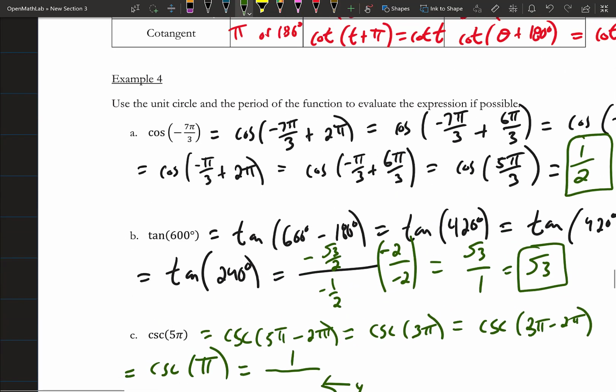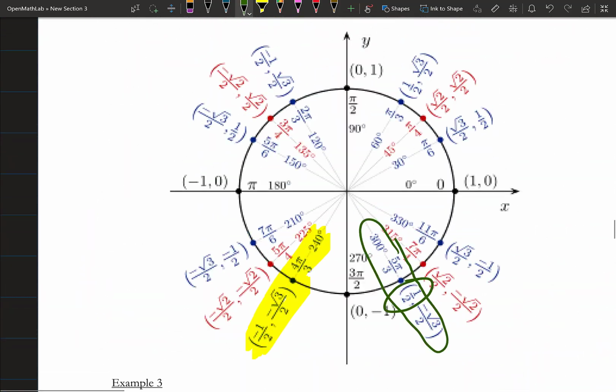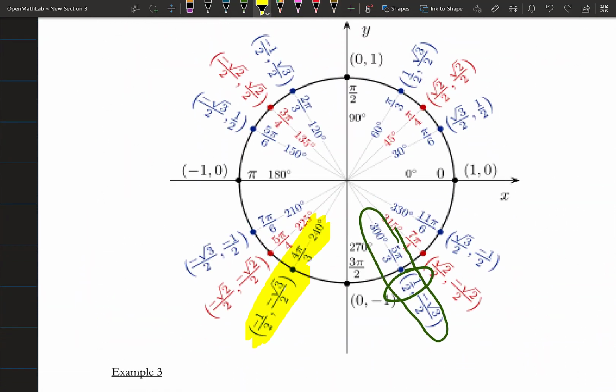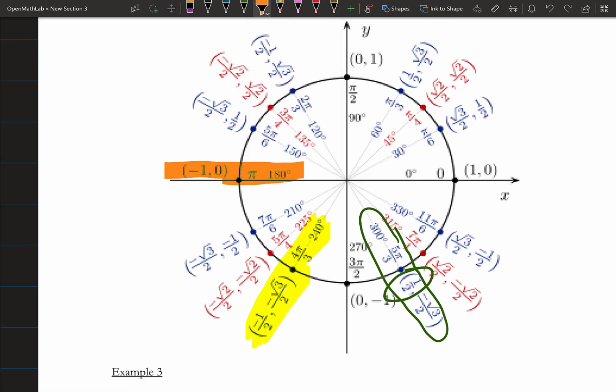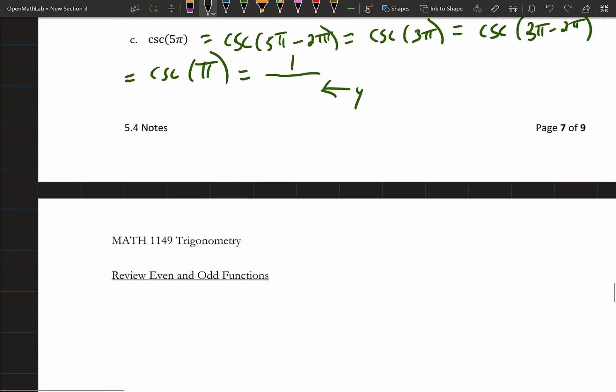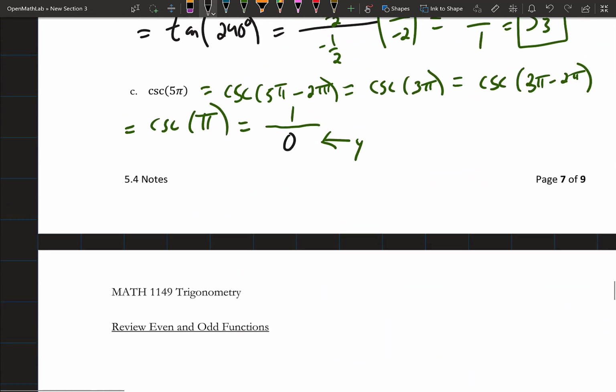So first let's find pi. So I'll do this in orange, so we'd be focusing on here. So the point that we're looking at is -1, 0. We want the y coordinate, which is 0. So we would end up having 1 divided by 0, which is undefined, because we can't divide by 0.